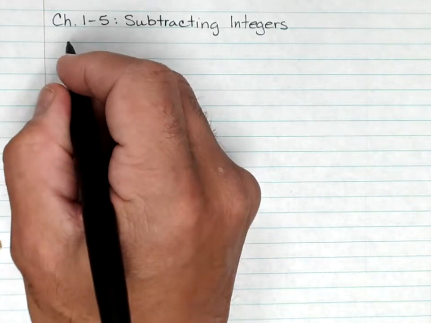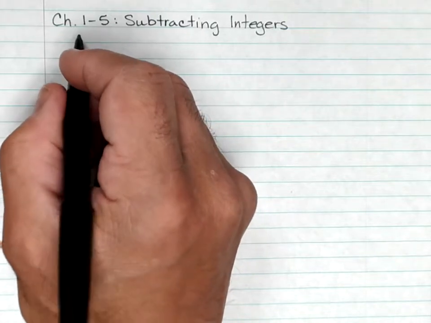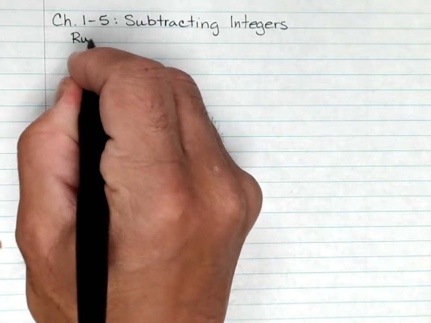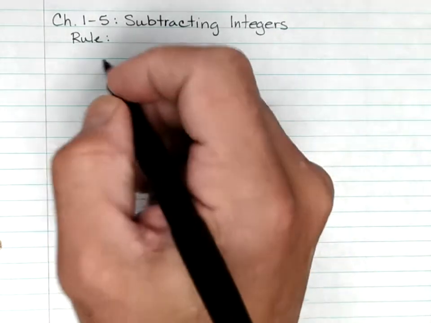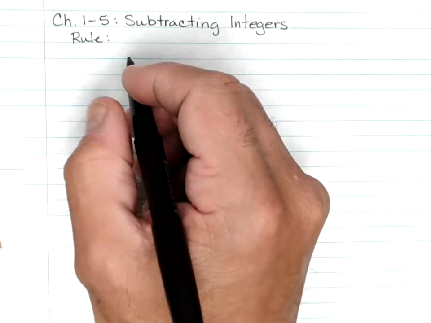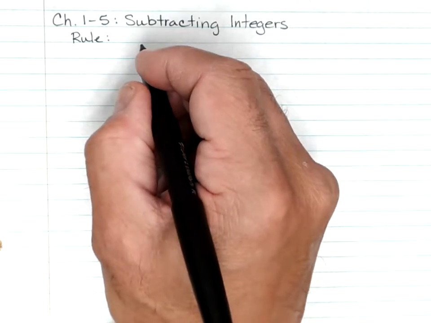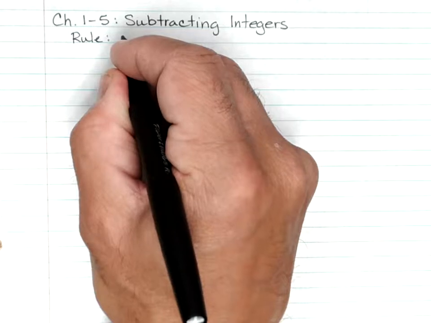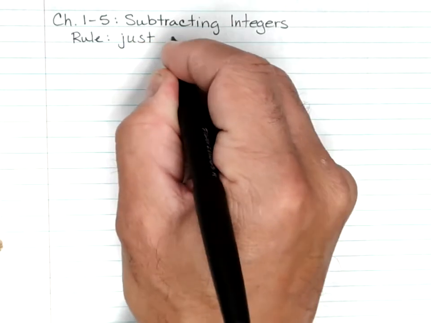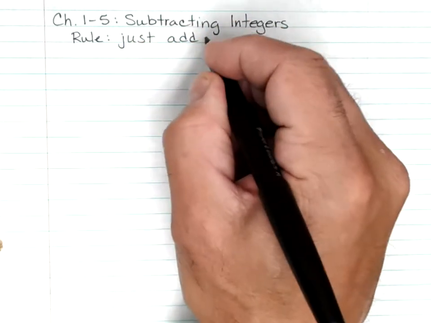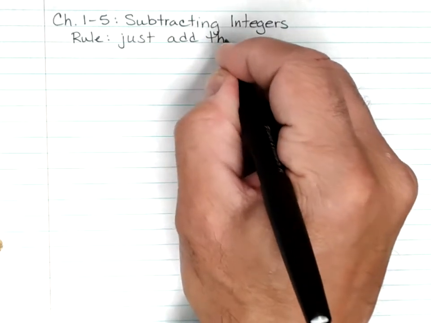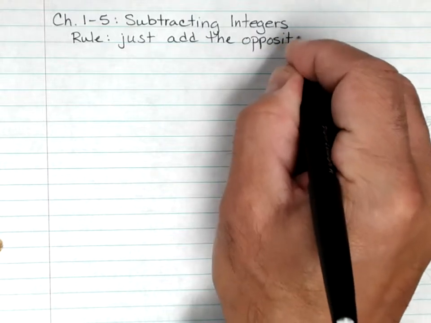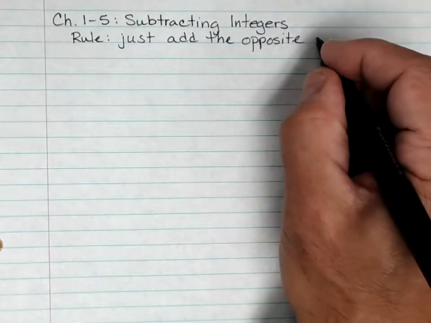Yesterday we just simply went over the rules, but today I'm just going to give it to you, and we're going to leave it real simple. Just add the opposite of the integer.